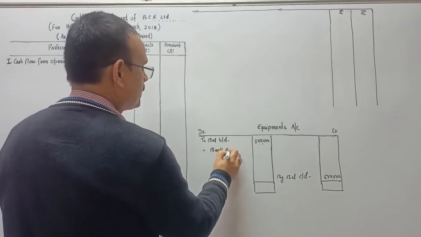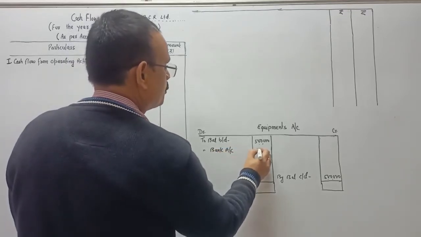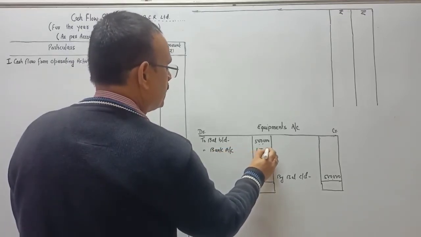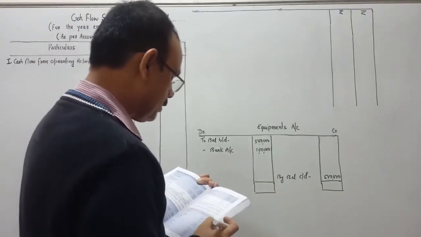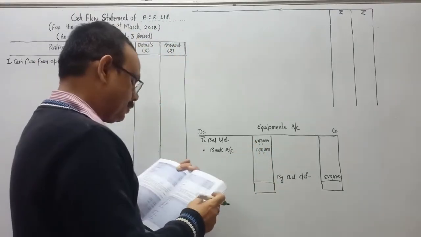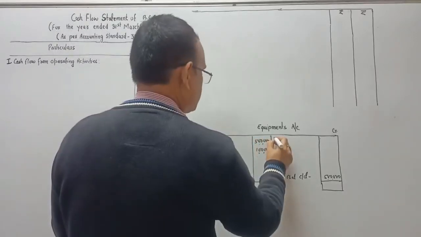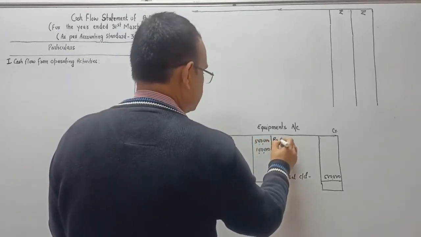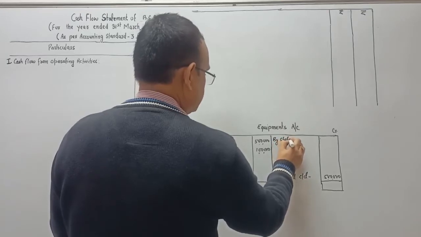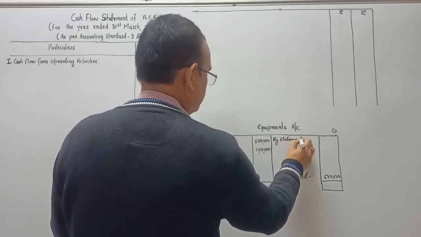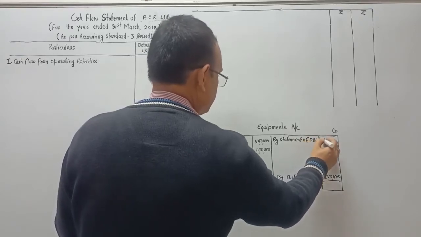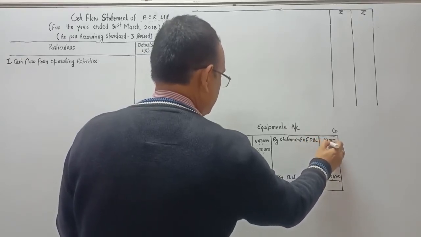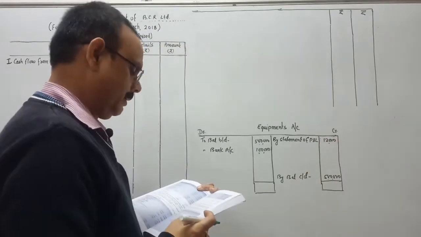During the year, we have purchased the equipment costing rupees 1 lakh. Okay. Next information is loss on sale of equipment amounted to rupees 12,000. So there is a loss. So we'll write it by statement of profit and loss. That is 12,000 is the loss on sale of equipment.